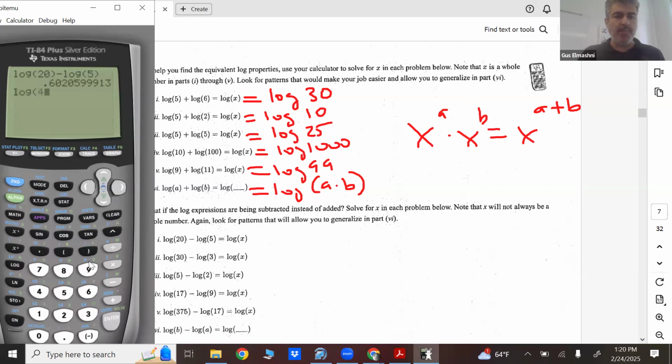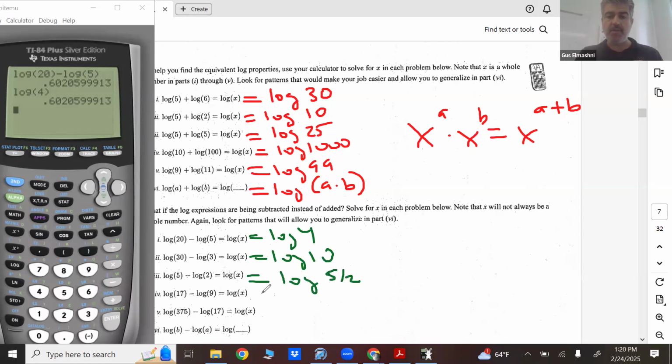if I do log 4, it's the same exact thing. So we'll switch colors for a bit of contrast. This will be log 4, log 10, log 5 halves, log 17 ninths.